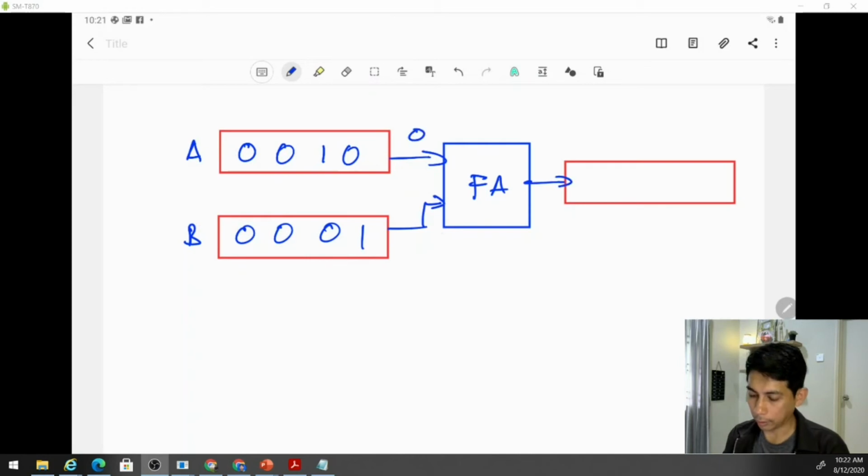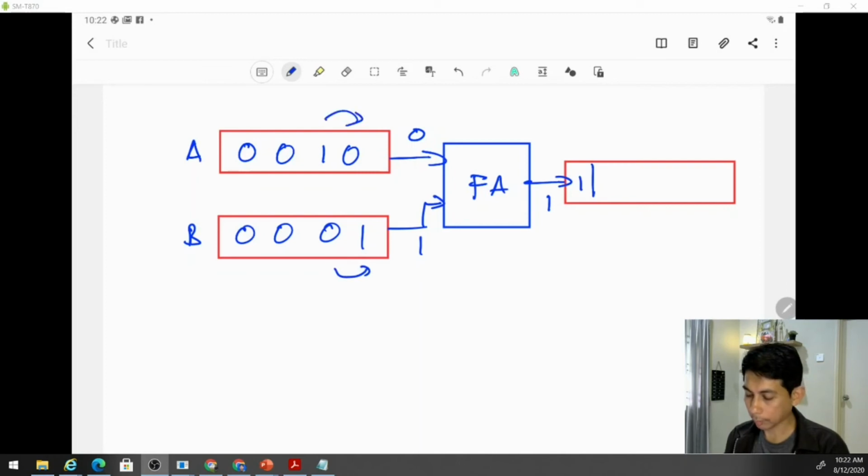So we send 0 and 1 first, we add, and the answer should be 1. S should be 1, and carry should be 0. The result is 1 here, and we shift this to the right.